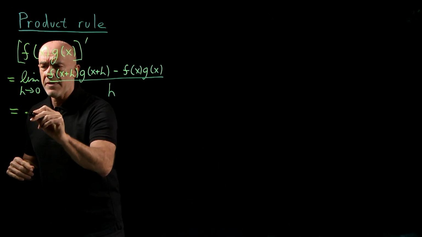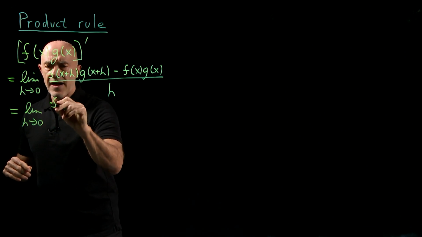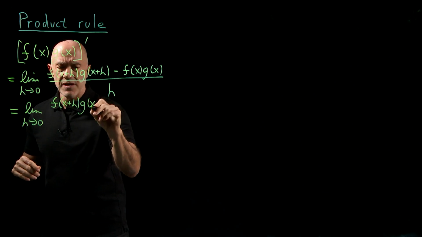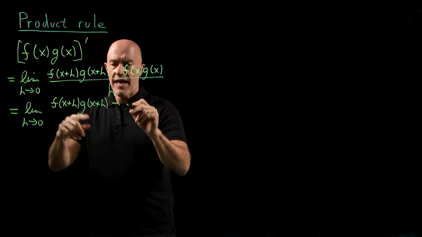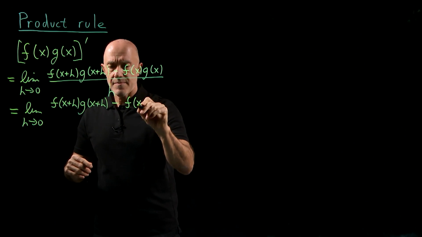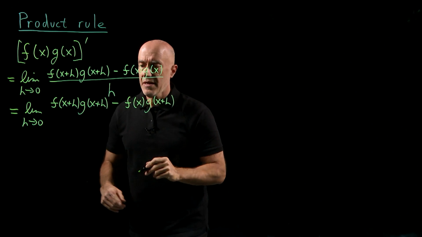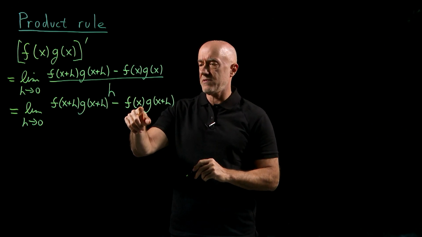So this is the limit as h goes to 0. So we have our f of x plus h times g of x plus h. And then we're going to subtract f of x times g of x plus h. And at the same time, then, we're going to add what we've subtracted.